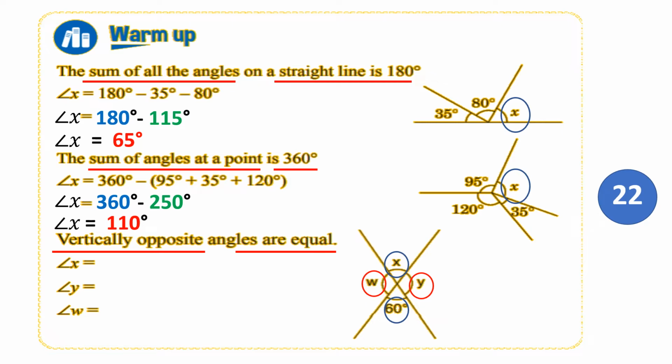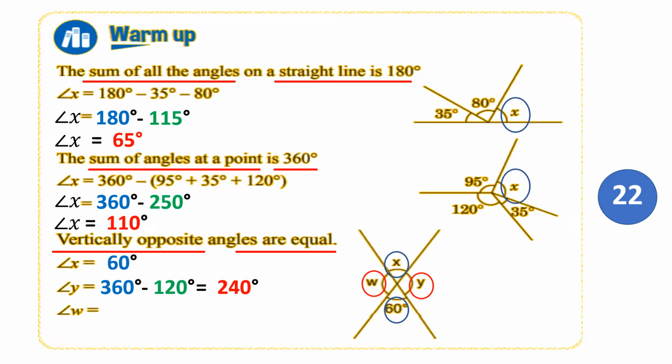To solve for angle x, because they are opposite and equal, it is 60 degrees. Correct, students? For angles y and w, to solve, you subtract 360 minus 120, because angle x is 60 and its opposite is 60, making 120.